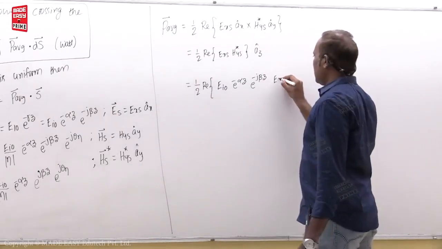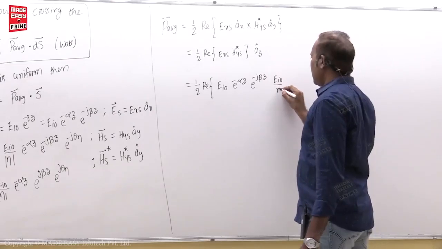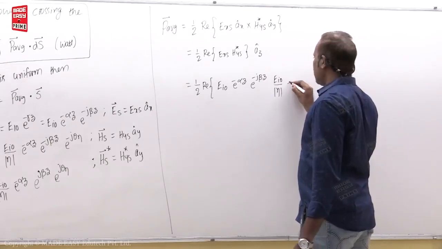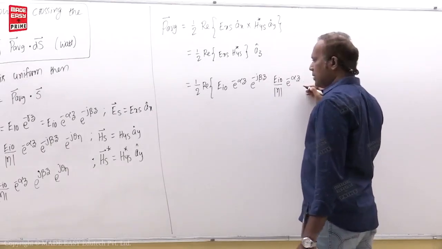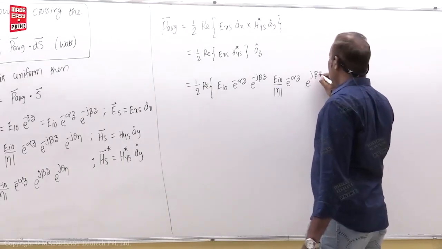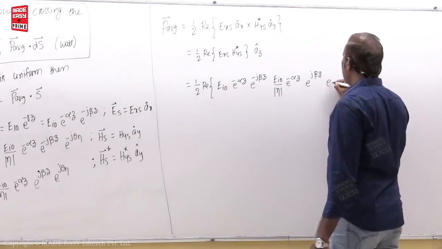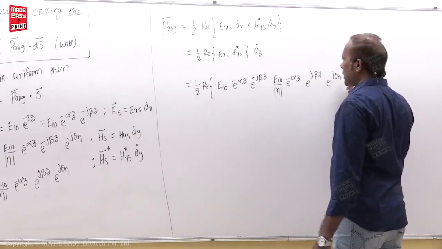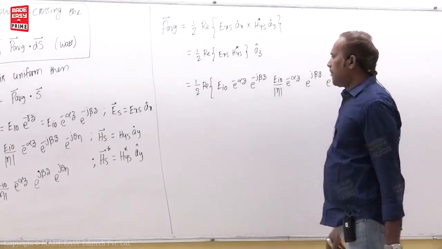H_y star is E_i0 divided by modulus of eta, e^(-alpha z) e^(-j beta z), then e^(j theta_eta).